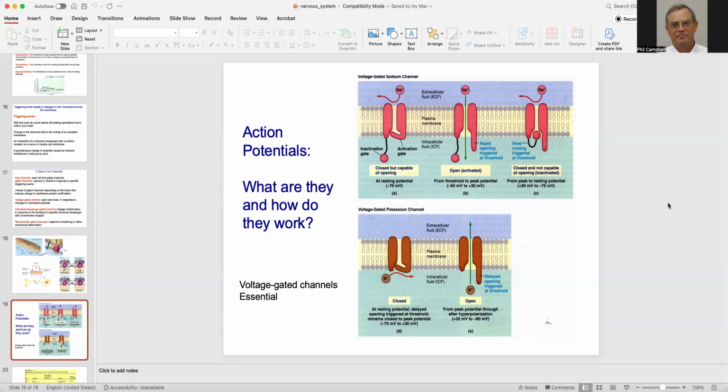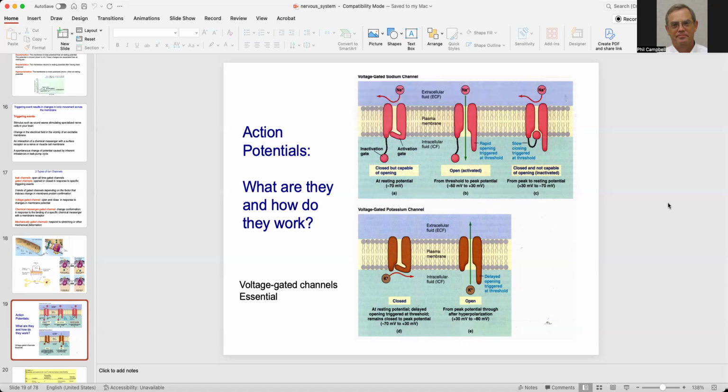What I mean by charge change: remember we have a membrane potential of minus 70. So if I start to stimulate that cell, I start to put in an electrical signal to stimulate that cell. Let's say that it's going to result in a depolarization. What does that mean? That means I'm going from minus 70 towards 0. Now, there is a level at which we have to put enough energy in there to initiate opening of these voltage gated channels.